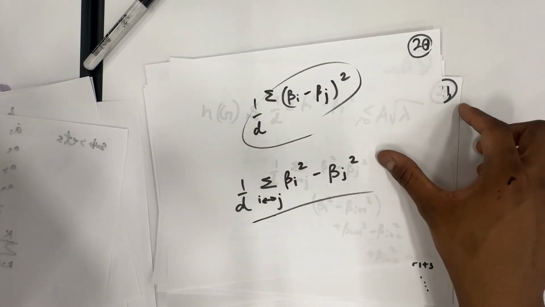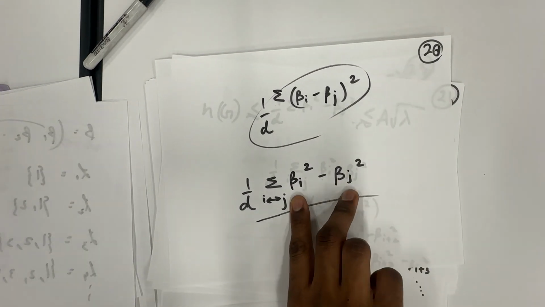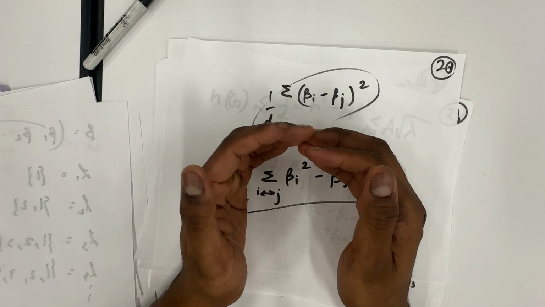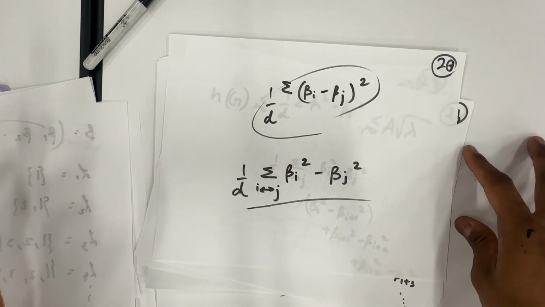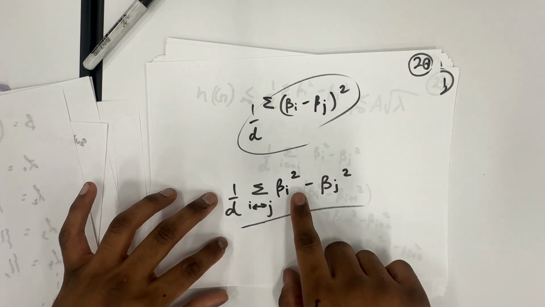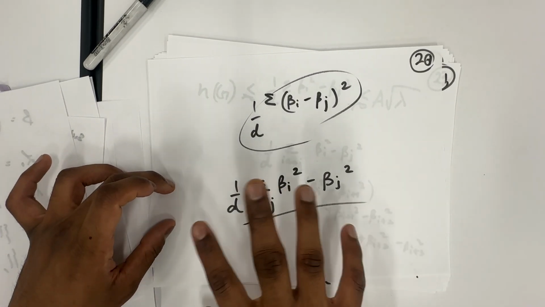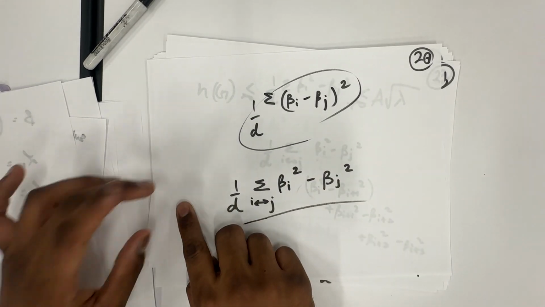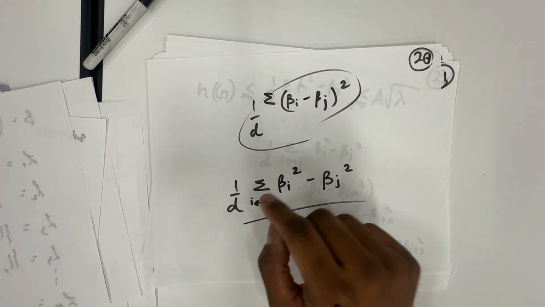Let's see if there is an inequality that exists. So we use beta i minus beta j square. This is an intermediate quantity. Now we have to construct some inequalities on the left hand side, on the right hand side. We want to show that h of g is less than something. So we want to show that h of g is less than this, and this is less than square root lambda.